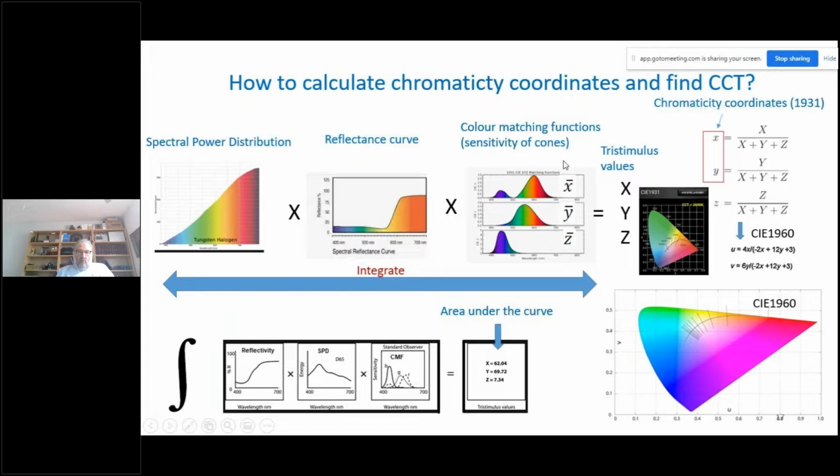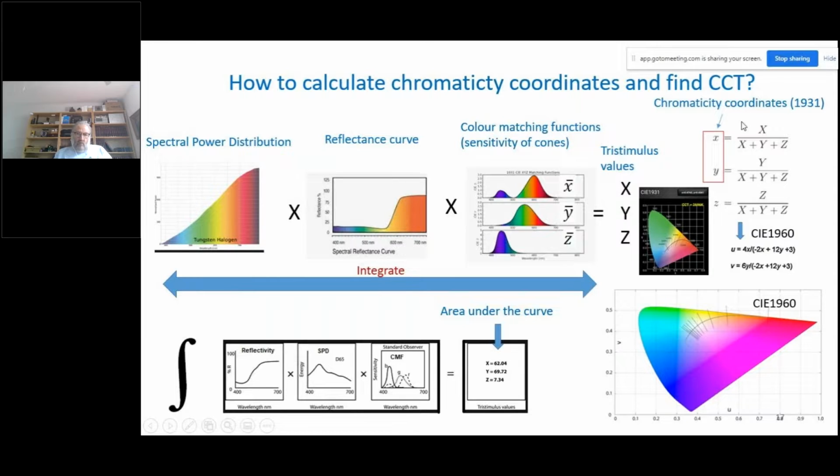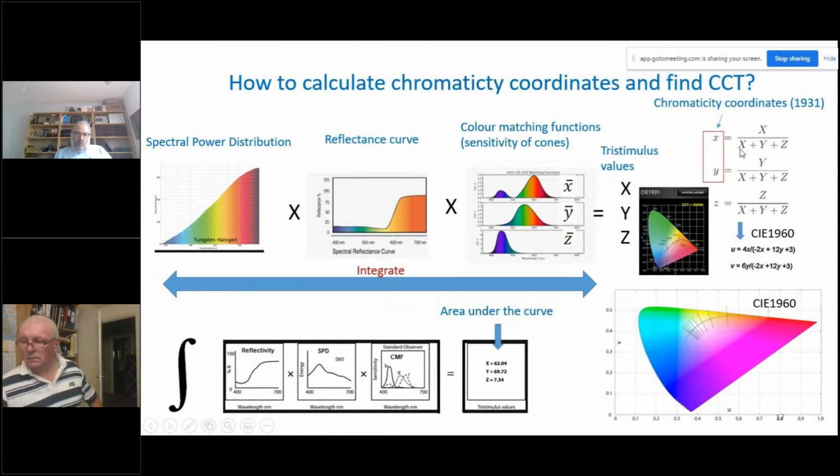Then multiply by the color matching functions, which define the sensitivity of cones in your eyes, and then you can integrate this product, and that will give you capital X, capital Y, capital Z, which are the tri-stimulus values. Then from there you can calculate the 1931 chromaticity coordinates x and y from this formula. z is just 1 minus x plus y, so you don't really need to calculate it.